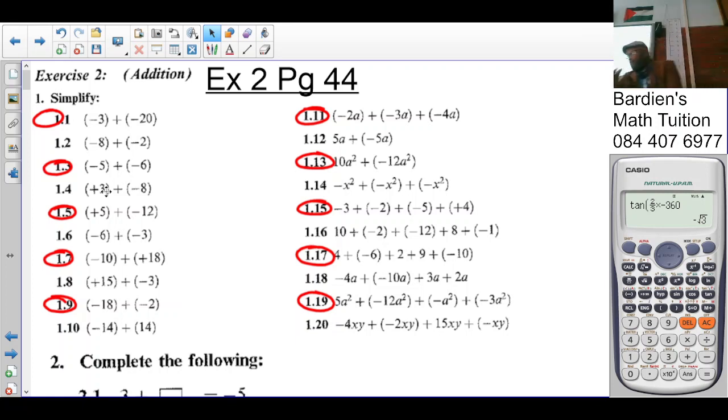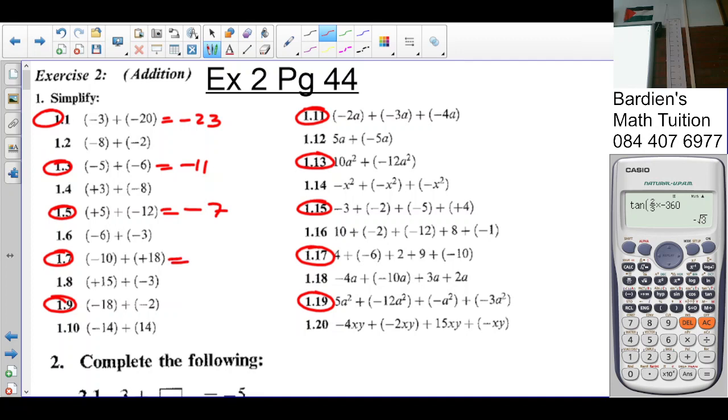Okay, so at this point, the answer to 1.1 is negative 23 squared. Okay, just stop me if you don't understand. Negative 23. The next one? Negative 11. Then?